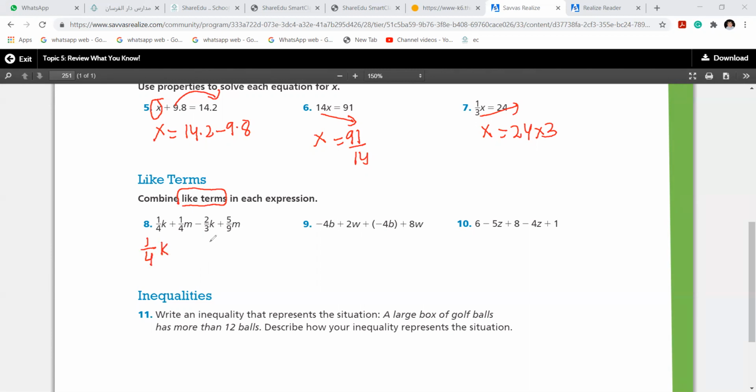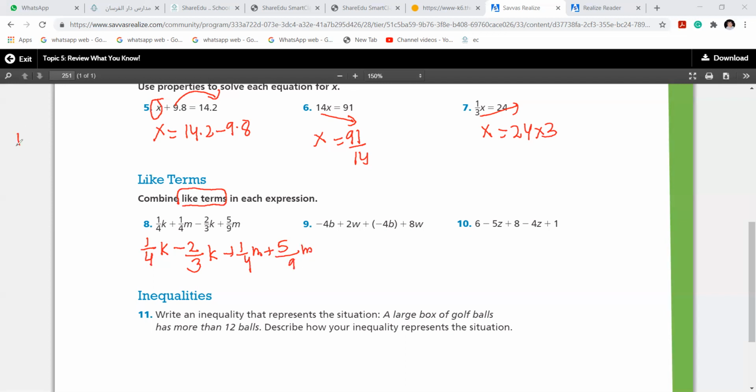1 over 4k and minus 2 over 3k. Don't forget. Then 1 over 4m plus 5 over 9m.